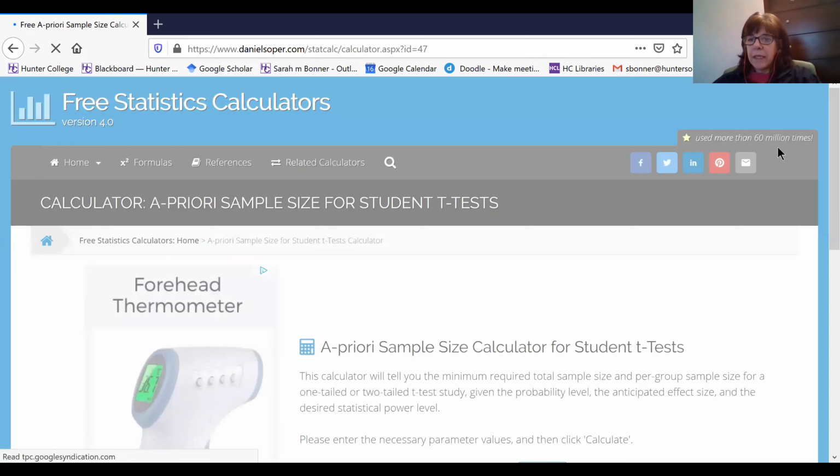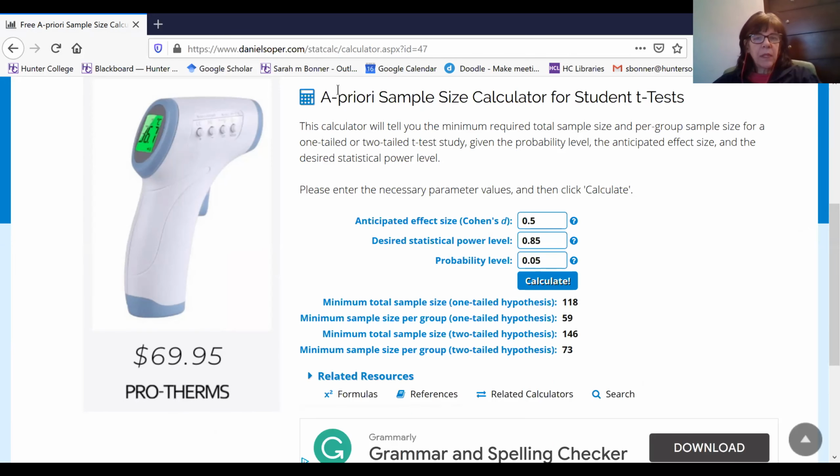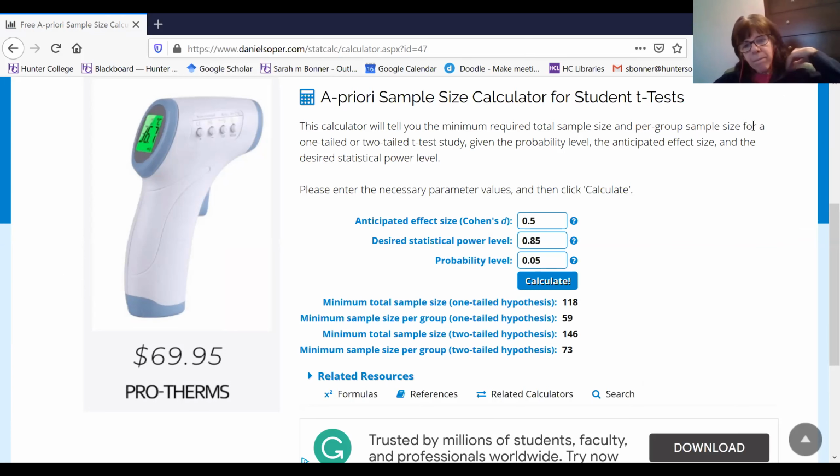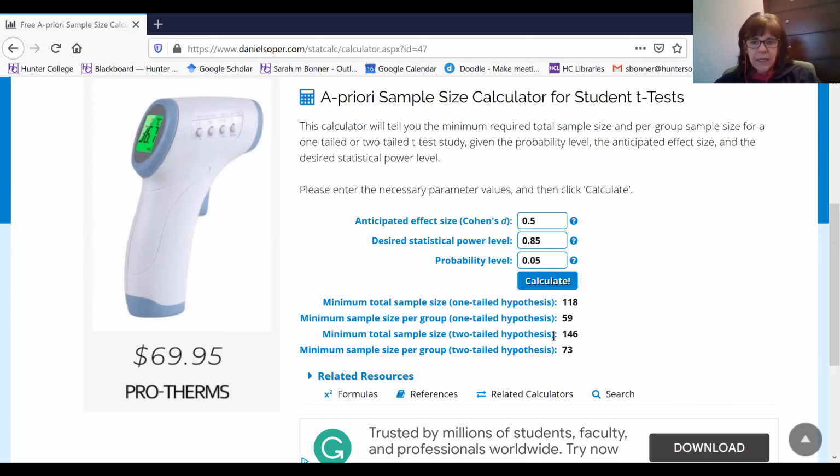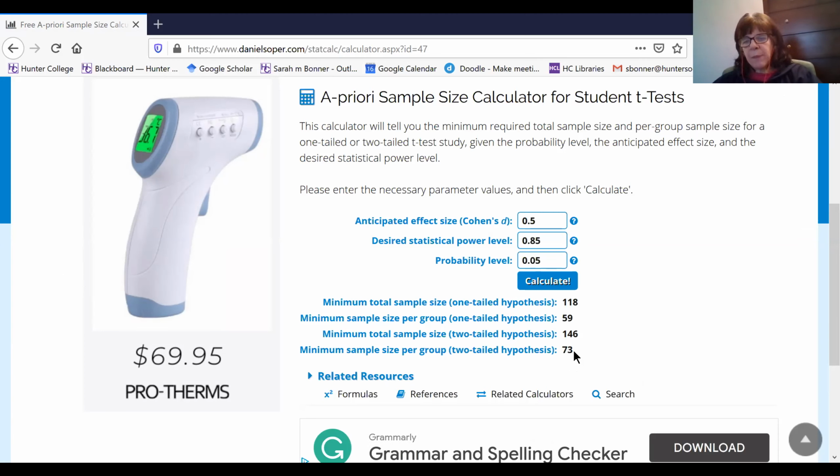So if you calculate that, I hope that I'm sharing the new screen. I'll have to check that. You will see that for a two-tail test, you need at least 146 people, which is 73 people per group in the independent samples t-test.